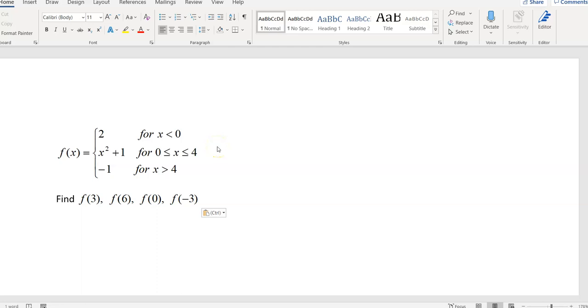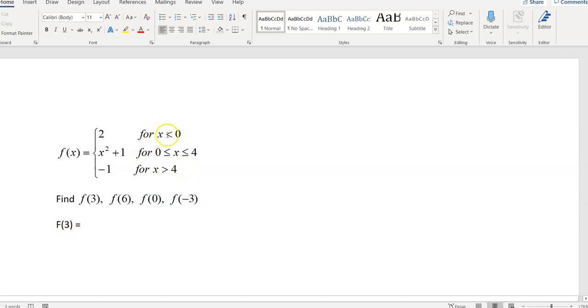Okay, so we are actually on question 2b of the review, and we are going to find the functional notation for each of these values. And remember, when dealing with a piecewise function, you have to pay attention to which one of these inequalities over here is satisfied. So our x value here is a 3.